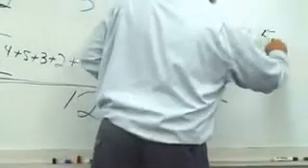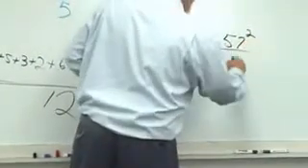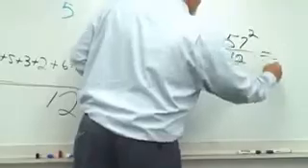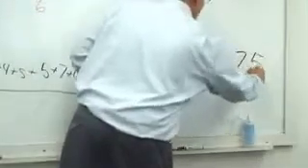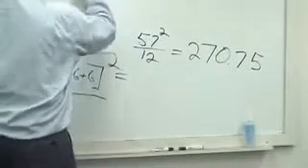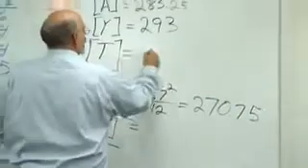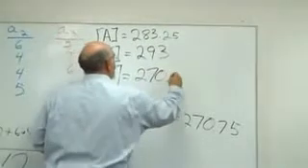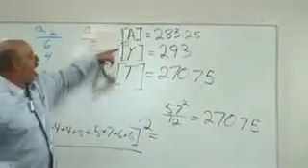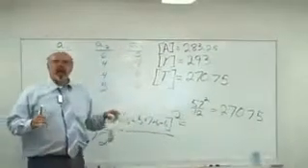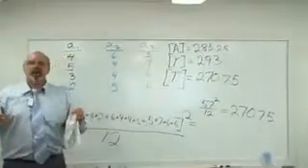That comes out to be 57 squared divided by 12, and that comes out to be 270.75. That is your T bracket. So now you have your bracket terms, A, Y, T. You're ready to put those into the ANOVA table.